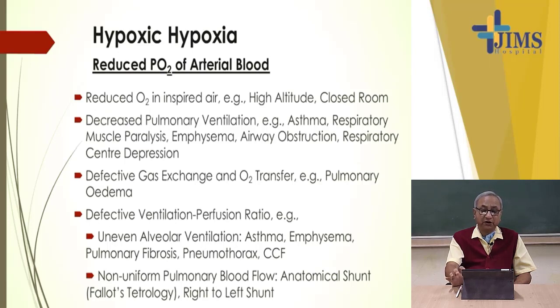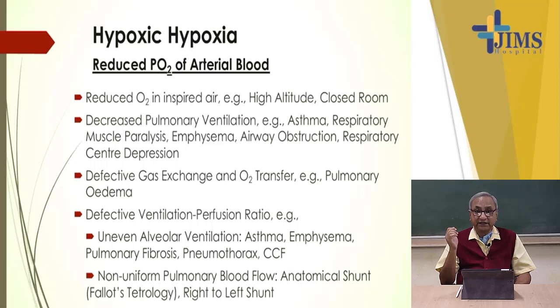What is hypoxic hypoxia? It is basically a reduced PO2 at the arterial level. Number 1: reduced oxygen in inspired air, like in high altitude or in a closed room.